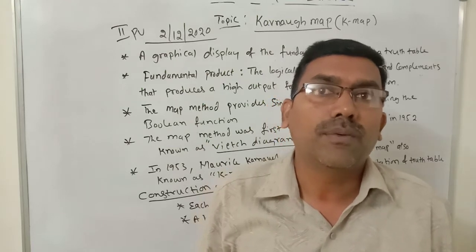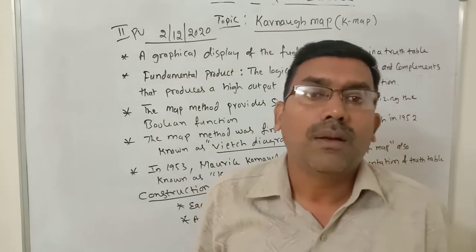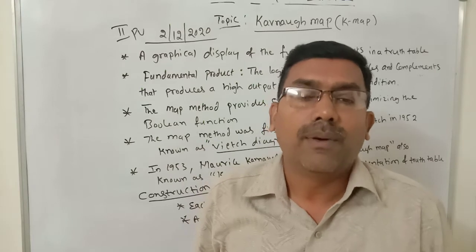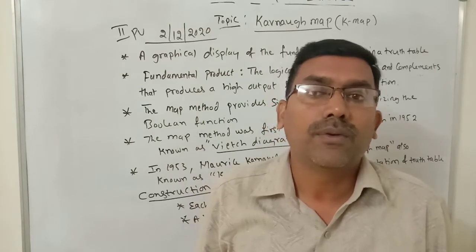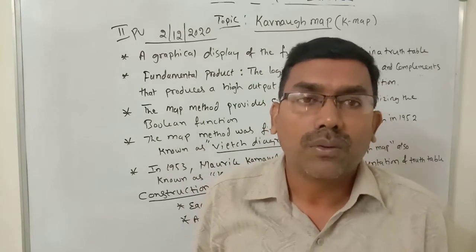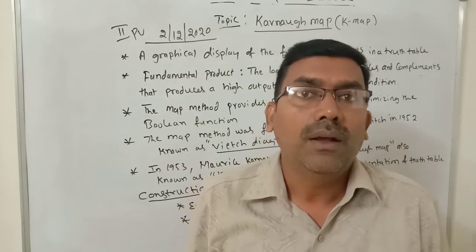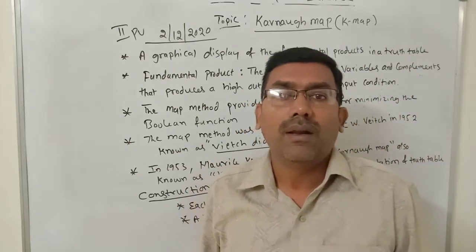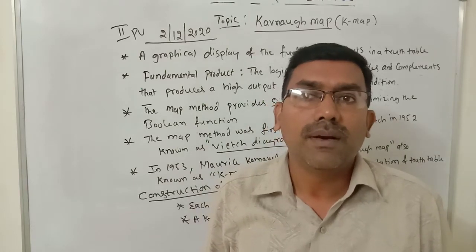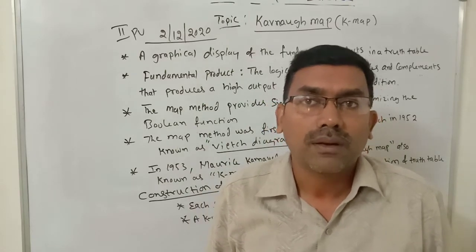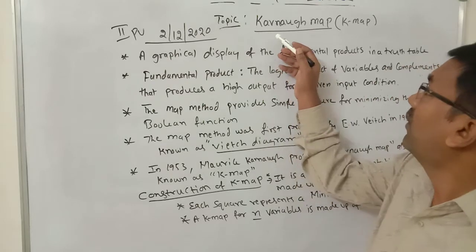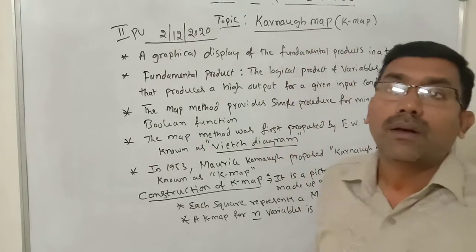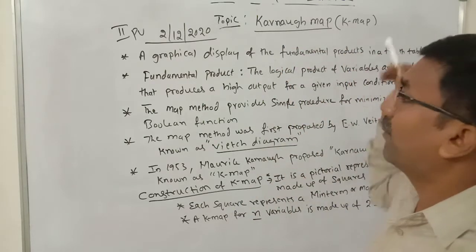You can reduce the Boolean function with the help of a truth table, and similarly, one of the simple and easy methods to minimize the Boolean expression is with the help of Karnaugh map, also called K map.